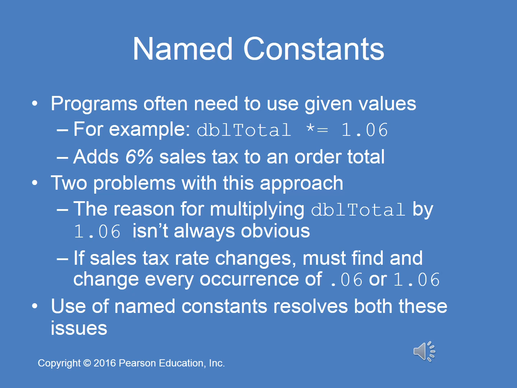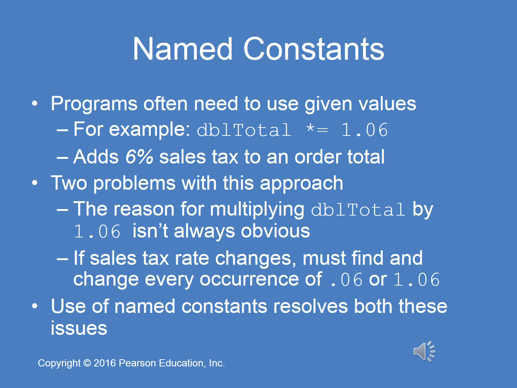So here's an example. dblTotal *= 1.06 is the same as dblTotal = dblTotal * 1.06. We're assuming it adds 6% sales tax. The sales tax rate will not change, okay? Or if it does change to 7%, you've got to go into the program and find every occurrence of 0.06 or 1.06 and change that.